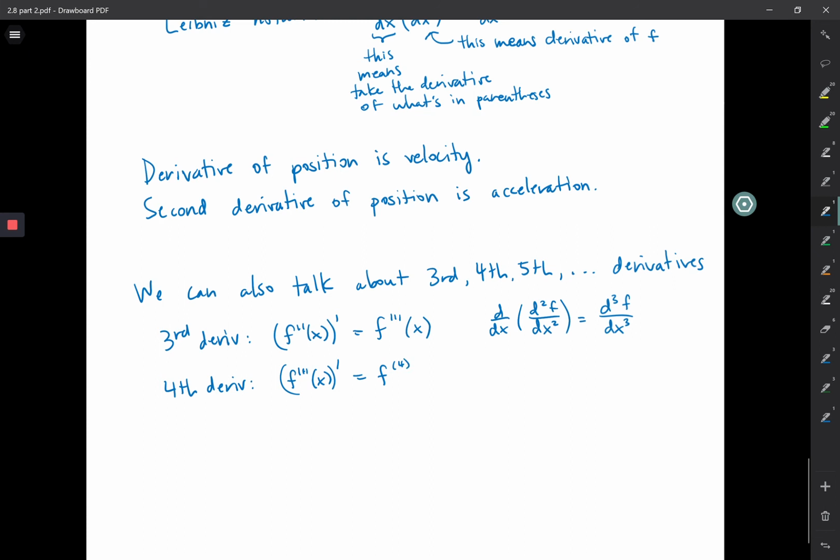You don't want it to look like an exponent. So we put it in parentheses, and that will be our fourth derivative. That's how we denote that. For the Leibniz notation, it doesn't actually change though. This is already well equipped to handle the fourth derivative. So this is just d to the 4 f over dx to the 4. Yeah, like that. And then you can just continue in this fashion.